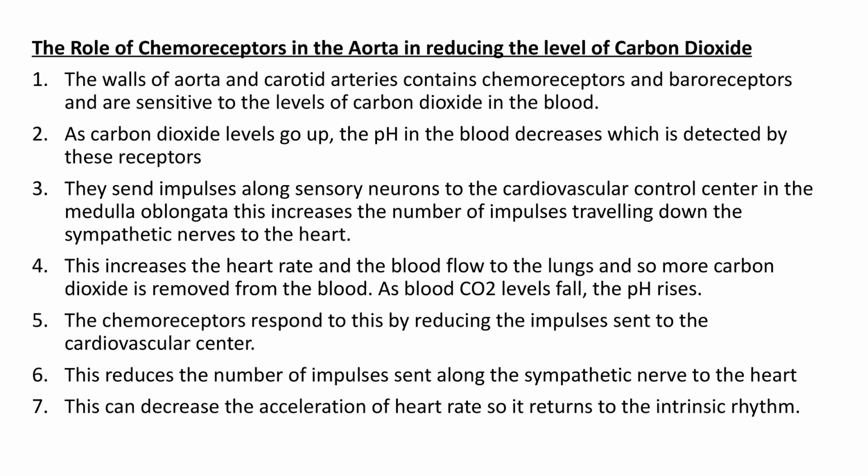As the carbon dioxide level in the blood falls, the pH rises and returns to its original natural pH. Then, as the pH of the blood returns to normal, the chemoreceptor responds to this change by reducing the impulses sent to the cardiovascular center.